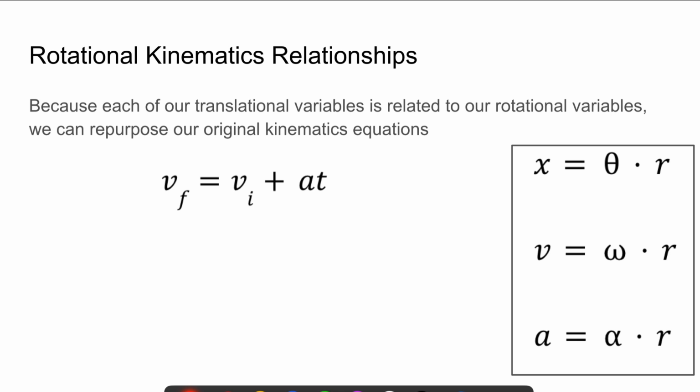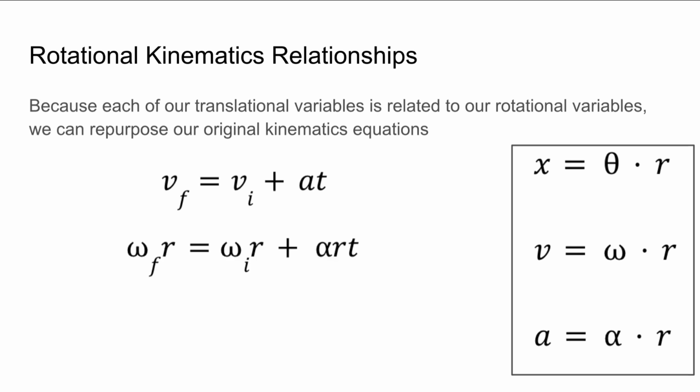So let's take a look at our equation that relates final velocity to initial velocity, acceleration, and time. So we've got our final translational velocity will equal our initial translational velocity plus our acceleration times time. And if we take those translational variables and relate them with our rotational variables through radius, we can first relate our final translational velocity to our final angular velocity.